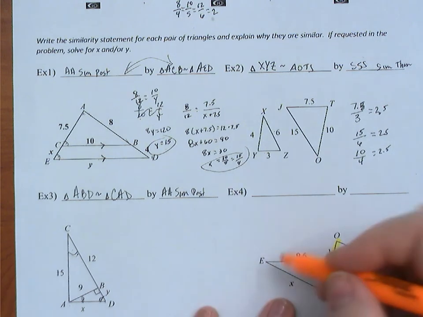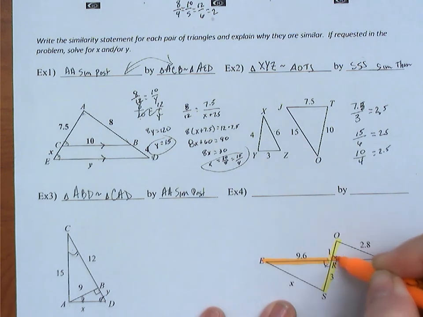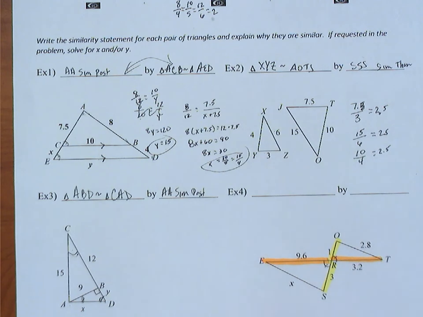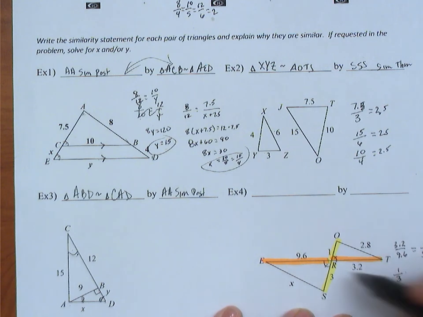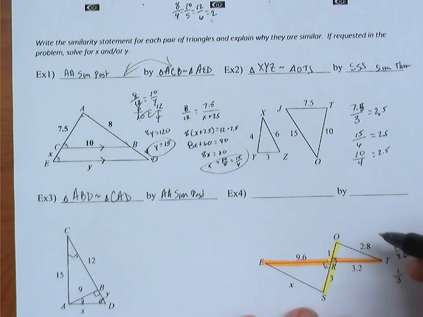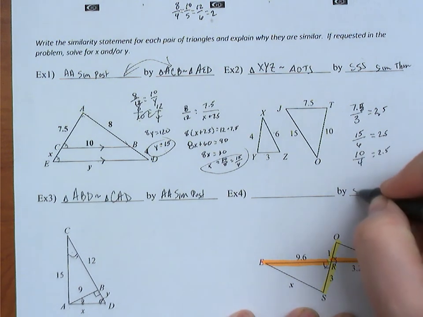Those would be corresponding, and these would be corresponding. If this works, then I check: is 3.2 over 9.6 equivalent to 1 over 3? Well, this is 1 over 3, and that is still 1 over 3. So yes, this is proportional by the side angle side similarity.